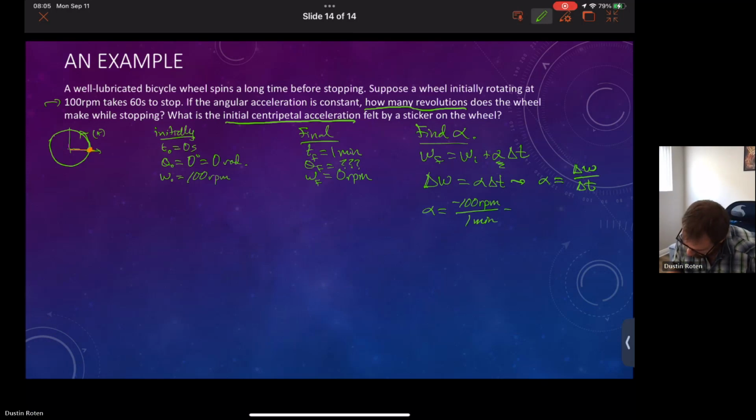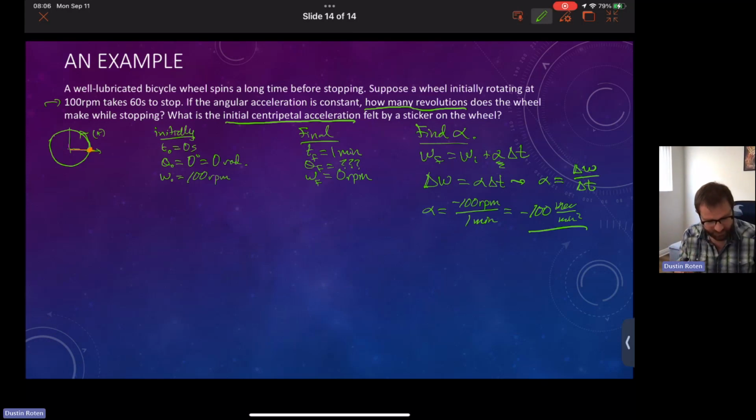Okay. Well, that's going to be an easy math problem to do. It looks like I'm going to have negative 100 revolutions, oops, revolutions per minute squared. I know the units are a little weird, but it's still essentially a distance over a time squared, and that's an acceleration. All right, so now I know my alpha.